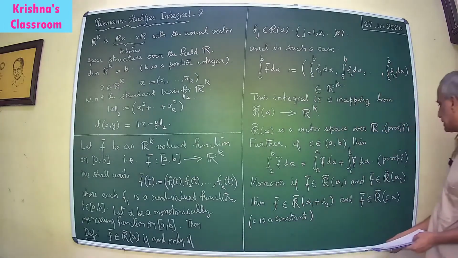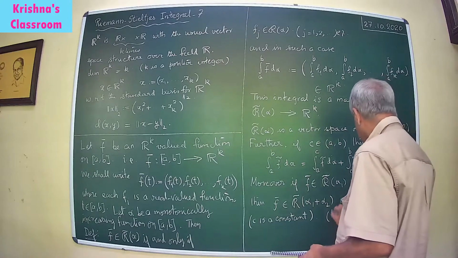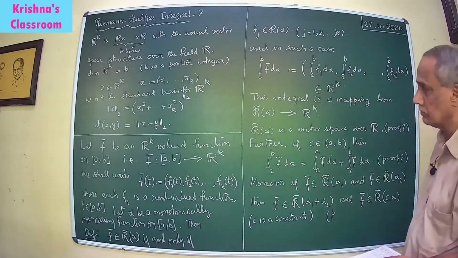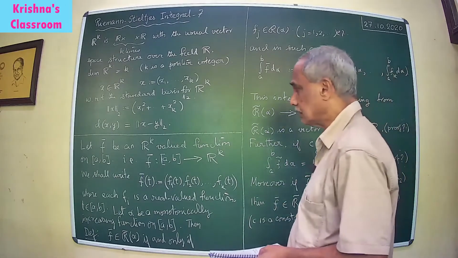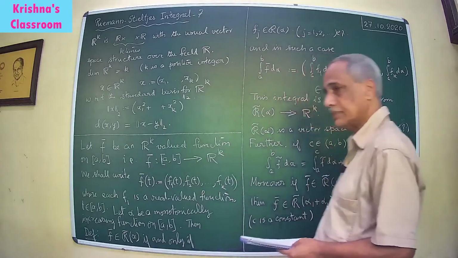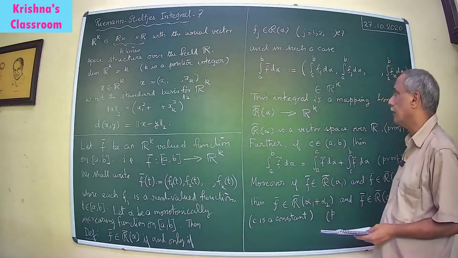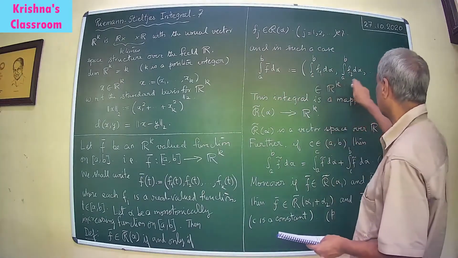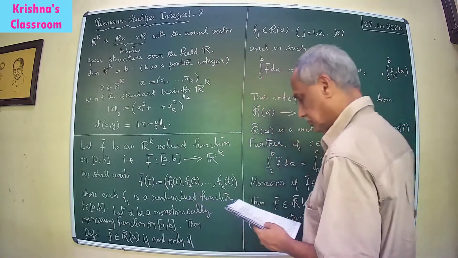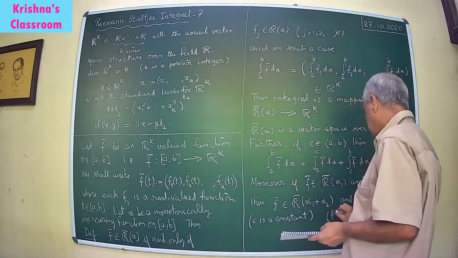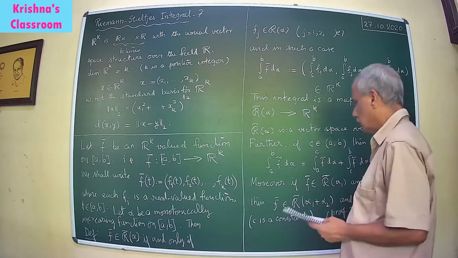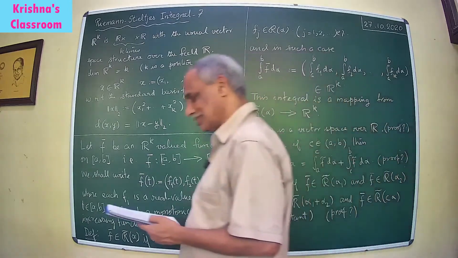So all these results can be proved straight away from the corresponding proofs for real valued functions, and apply that to each one of these f1, f2, etc., fk, because that's given. All this is right. This one is a good exercise.